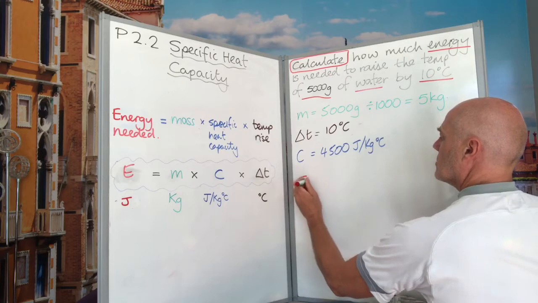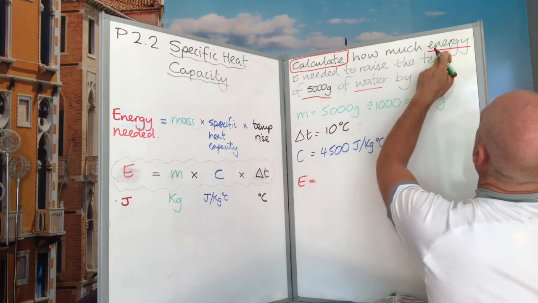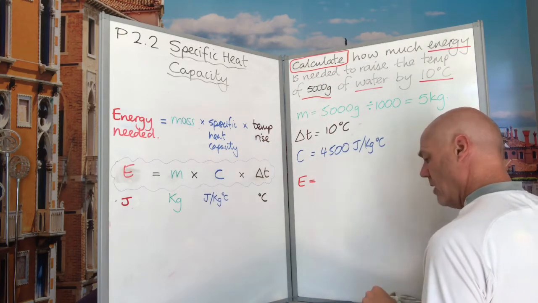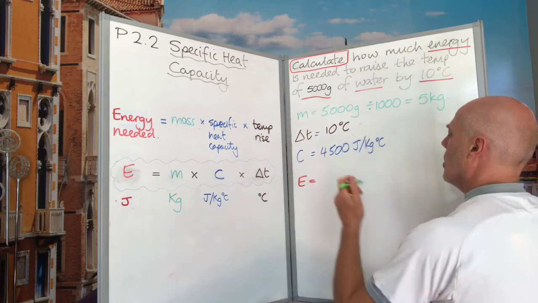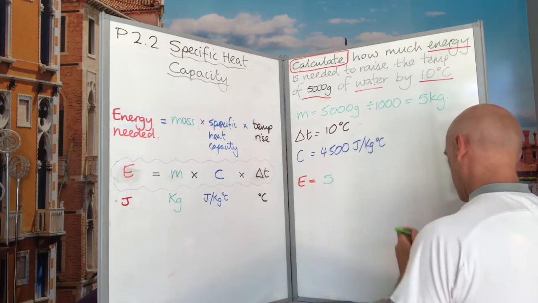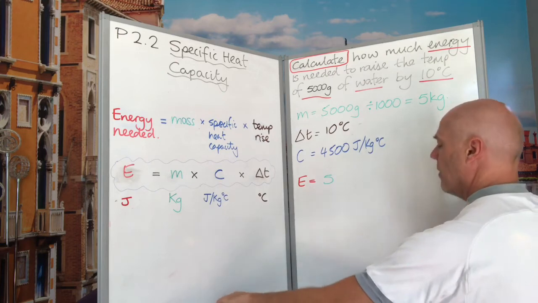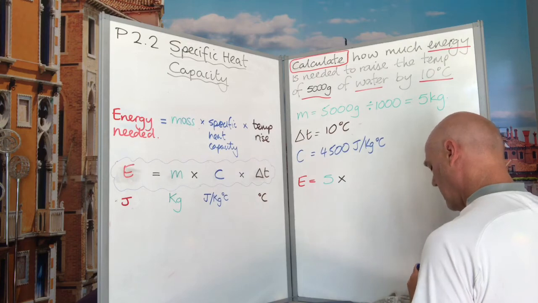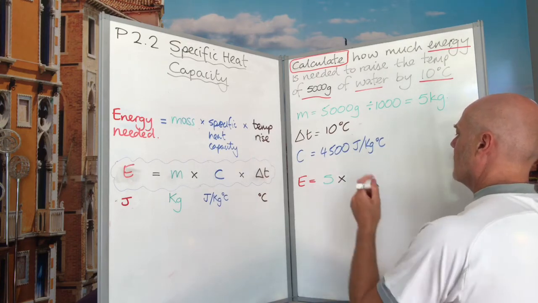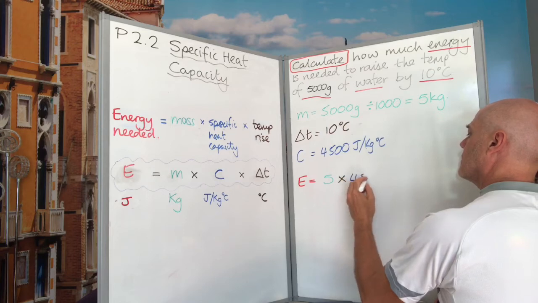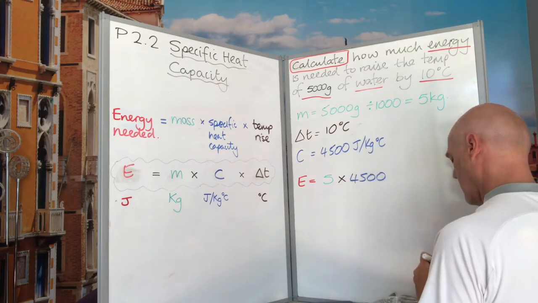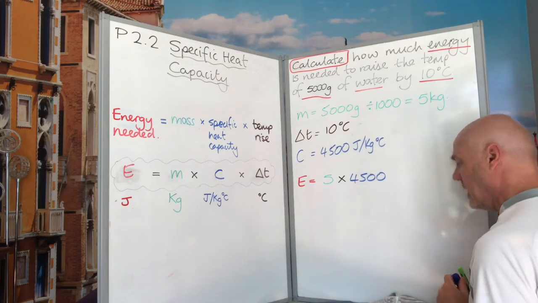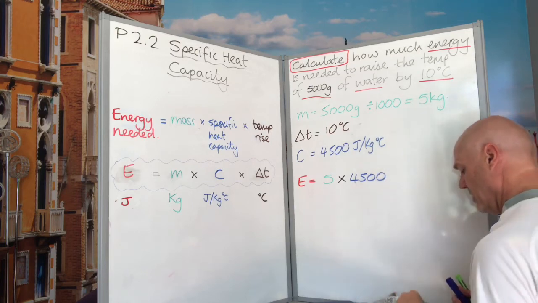So the amount of energy needed, remember what we're looking for, energy needed to raise the temperature. We've got a mass of 5. We're going to multiply that by the specific heat capacity, and that is 4,500. And then we're going to multiply that by delta T, which is the change in temperature, which is 10.